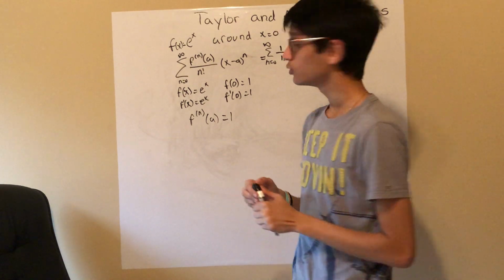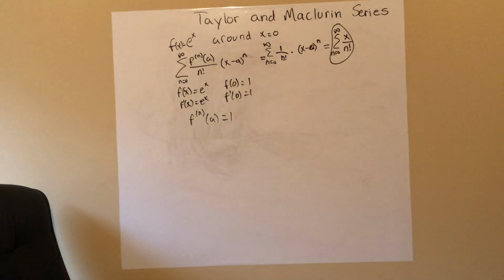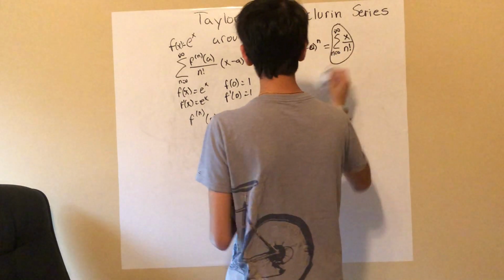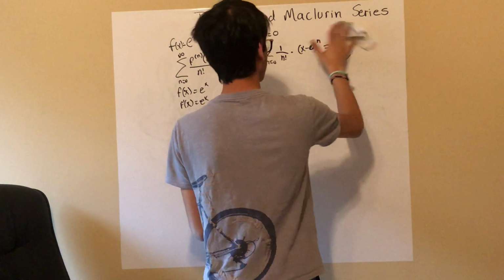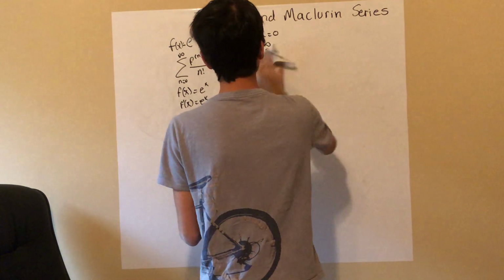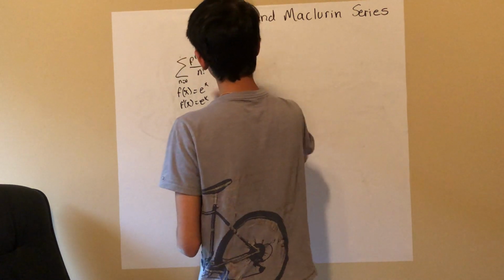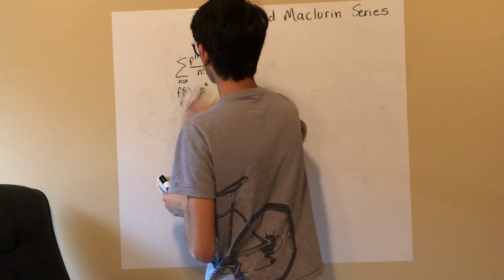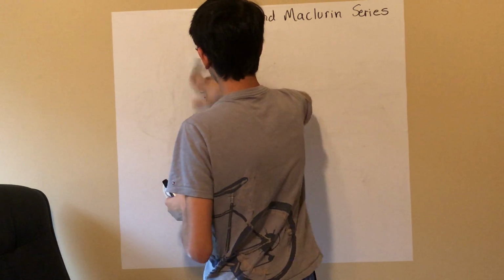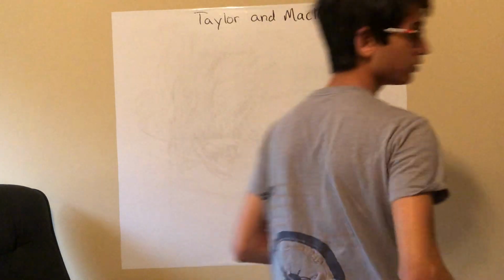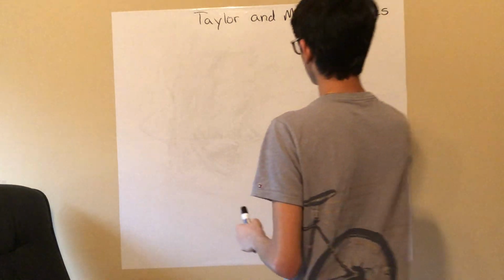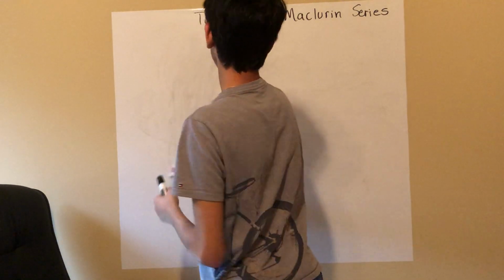And now let's move on to our second example. I didn't really need to delete that, the part about around x equals 0, but I guess I did, so can't do anything about it now.